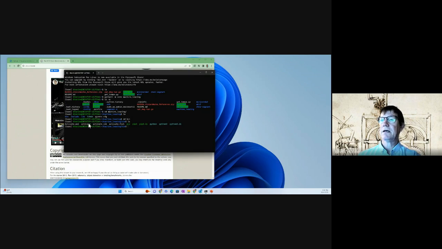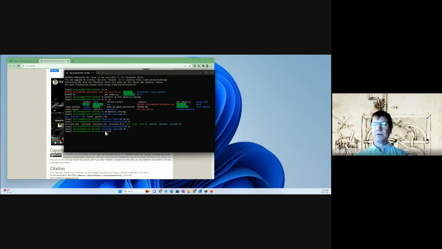Then we can look at this bin, and we'll see the activate and activate.csh files here, and then we'll have our versions of Python, and pip is a utility that you can use to install packages and that type of thing. As we install packages, they'll get installed into this environment, and our paths will be updated, but not yet, because if you look over here, we're still in this base environment.